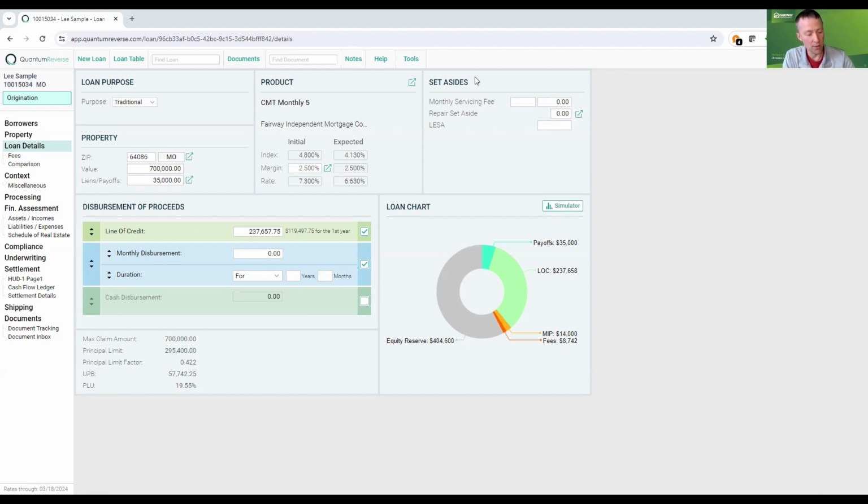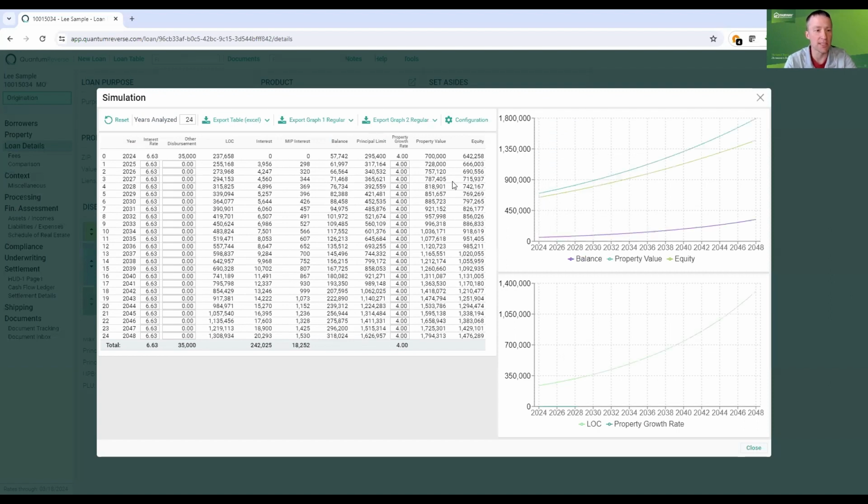But if we take a look long term here on our simulator, we can see even if the client decided they didn't need the money right now, or they have enough money for the next couple of years from some different accounts, you can see over here how the line of credit continues to increase from 237 roughly up to 255, 273. And that's really the power of the line of credit. Right now, with the interest rate being figured at 6.63, the line of credit growth is 0.5% above that, which is about 7.1.